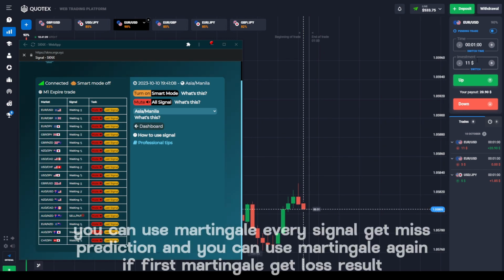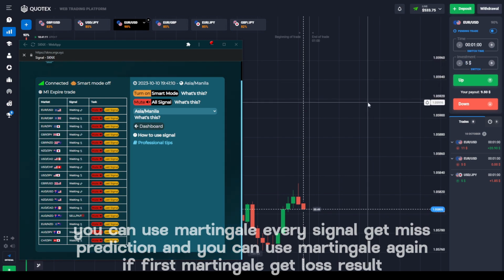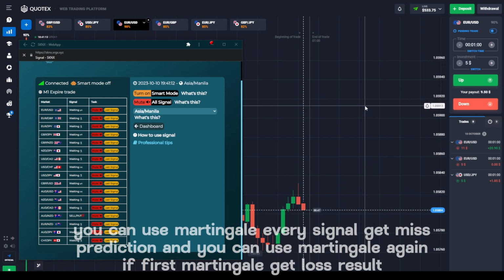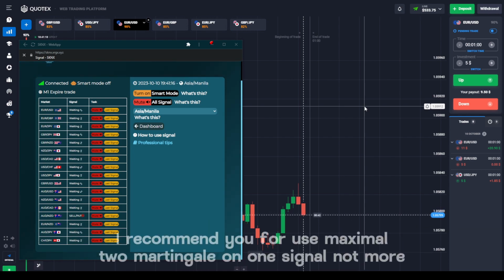You can use Martingale every time a signal gives a misprediction. And you can use Martingale again if the first Martingale gets a loss result. I recommend you use a maximum of two Martingales on one signal, not more.